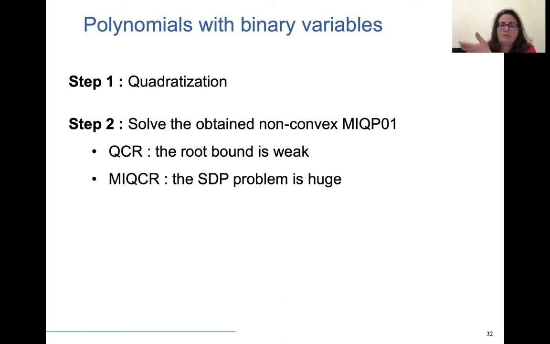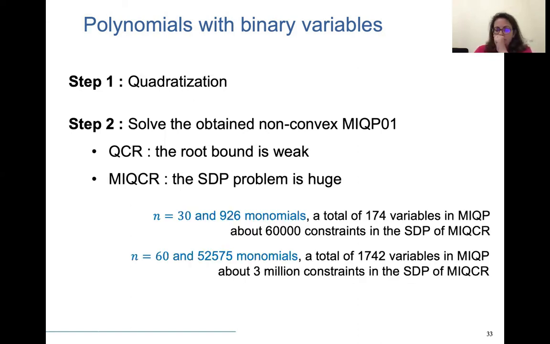The SDP problem is huge, so we had difficulties to solve this problem. To give you an example, with the 60 variables here and about 52,000 monomials, we have an SDP with this number of variables, but about 3 million constraints. So this is a very large problem.